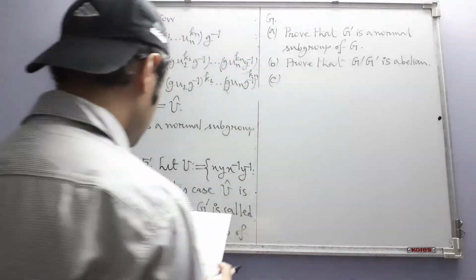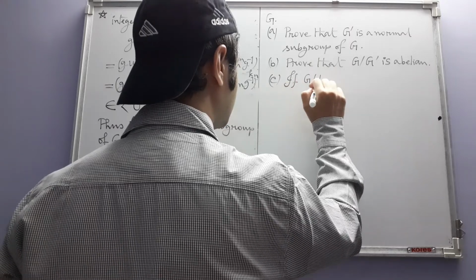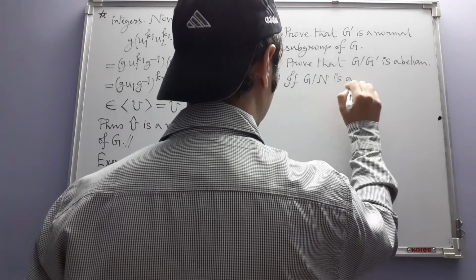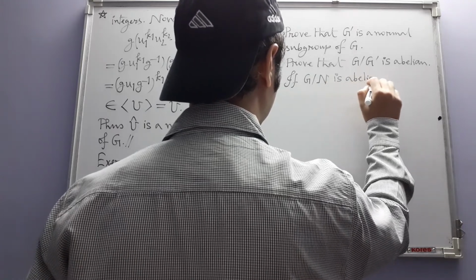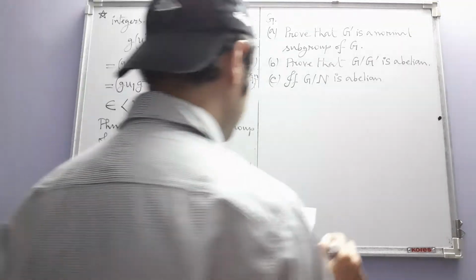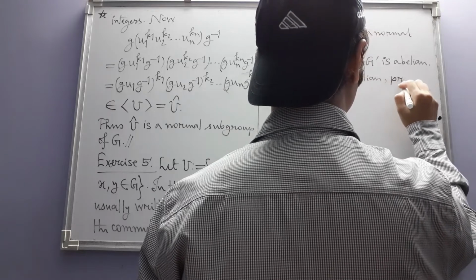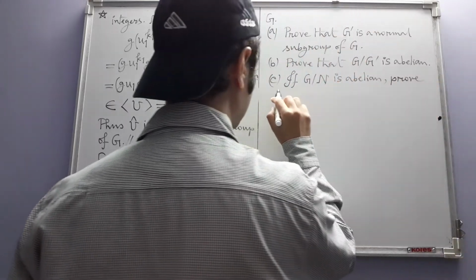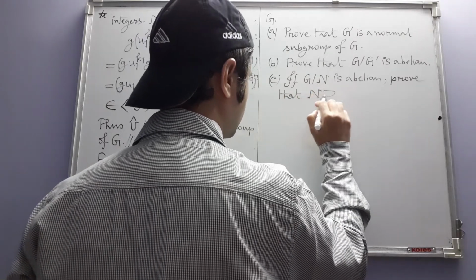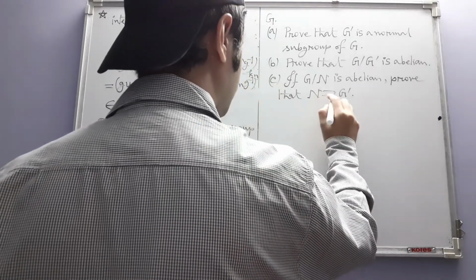Then part C, if the quotient G by N is abelian, where N of course is some normal subgroup of G, prove that N contains G prime as a subset.